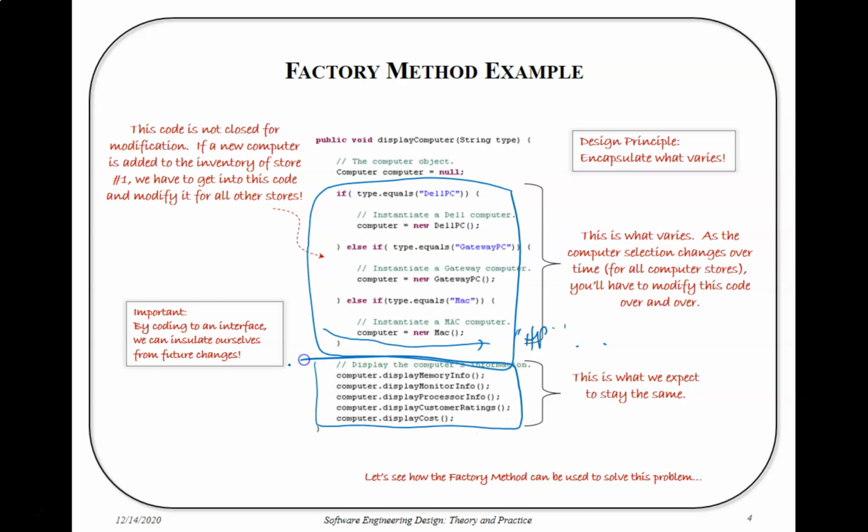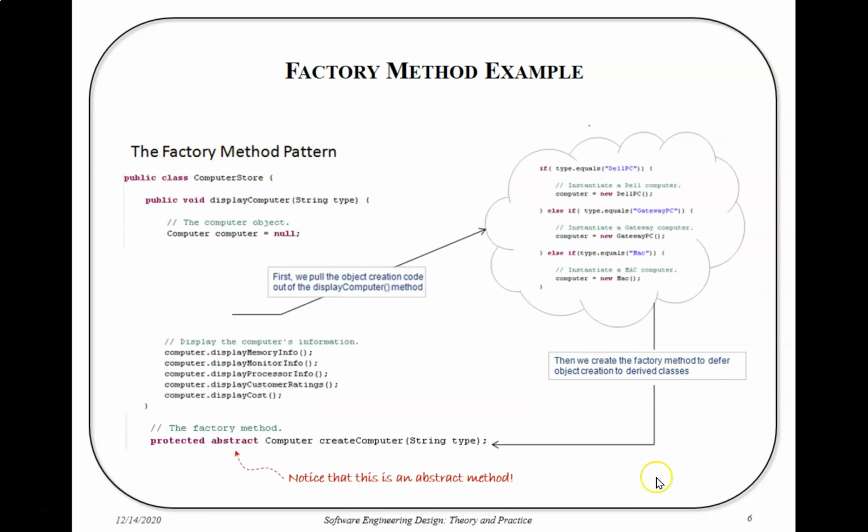This part we expect to be the same, whatever the computer type is. It will still be the same. To replace the role of creating an object by this part of code that we remove from this program, we introduce here the create computer method. This is what we call a factory method.